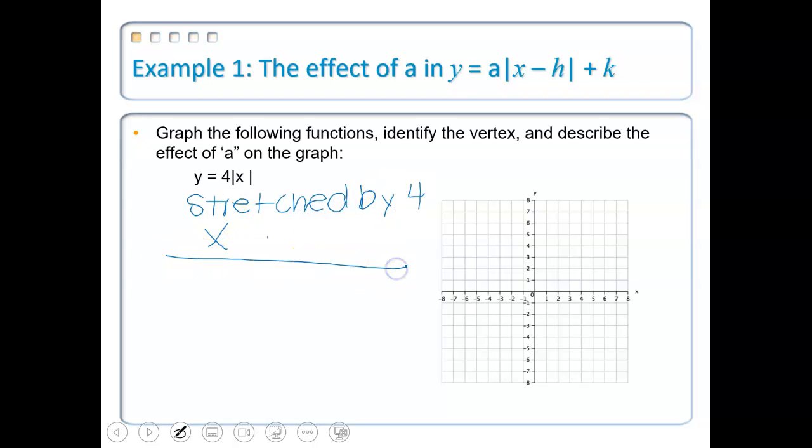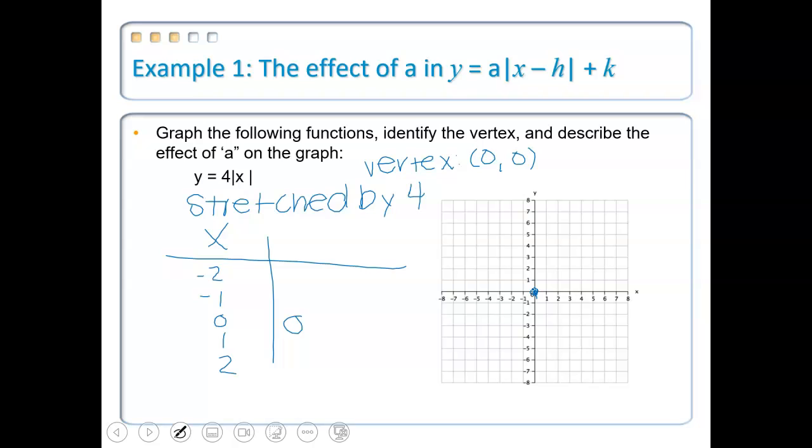For today, all of your x's are going to be the same. So you can look at all of your x's at the origin, and then 2 to the left and 2 to the right. Remember that whatever it does to the right, it does to the left because it's symmetric. My vertex is also always at 0, 0 for right now.